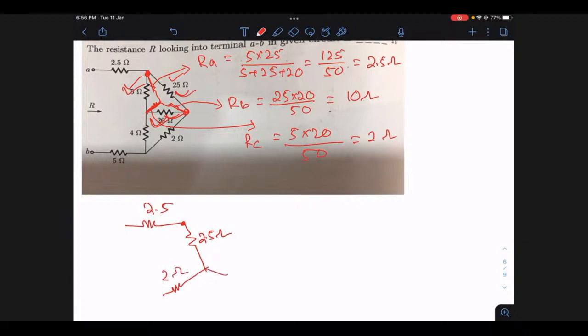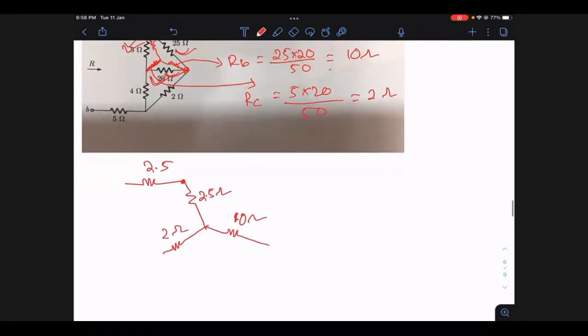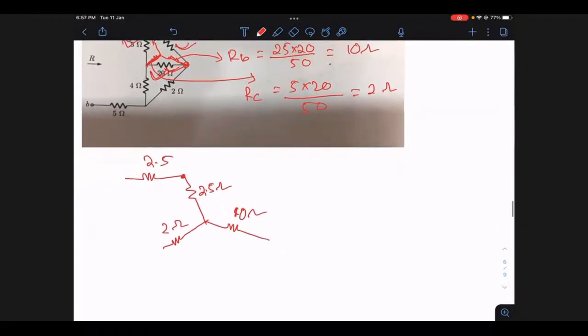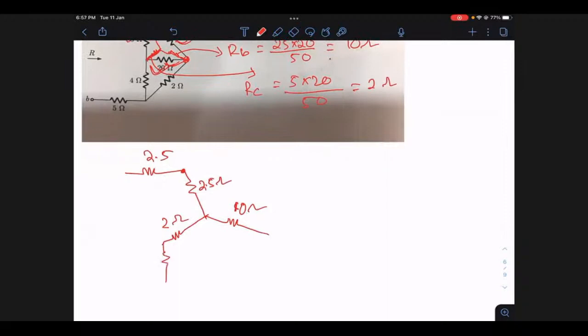And you have a resistor here, RB, which is your 10 ohms. Then to this, we have this 4 ohm, and from this, we have this 2 ohms, and then we have this 5 ohms.